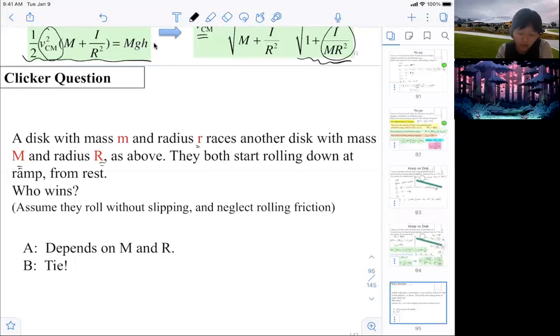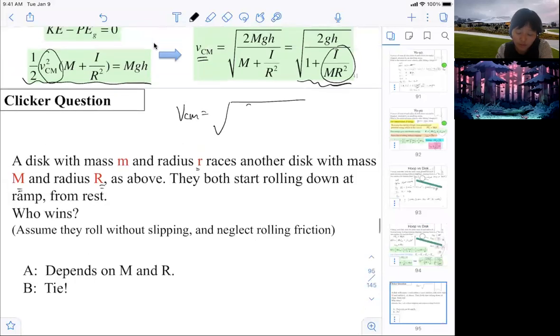Recall we have already derived a generic formula for racing objects, that is, the square root of 2gh over 1 plus I over mr squared. So using that expression, would you be able to answer this question? I'll give you 1 minute in the breakout rooms. So this is a direct application of the equation we just derived.